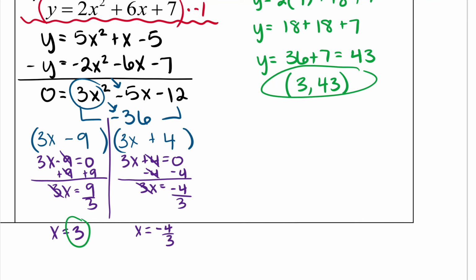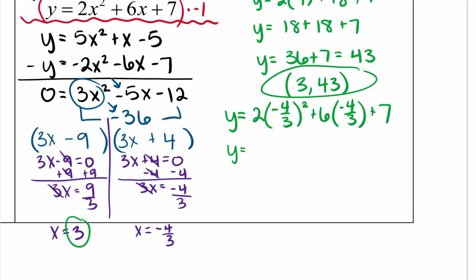And now we have the dreaded fraction. I know. I try to avoid fractions as much as possible. It's just very difficult sometimes. So we have negative 4 thirds squared plus 6 times negative 4 thirds plus 7. So y equals 2 times, that would be 16 over 9.